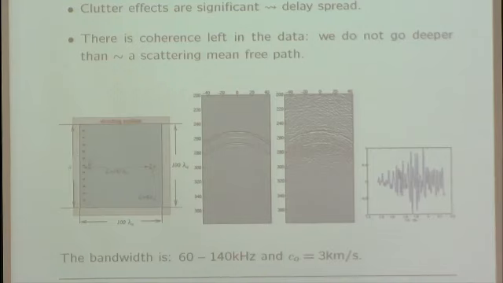Now, here is how the data looks when you have a scattering medium. This is a simulation run in a medium that looks like a concrete structure. That's how the data looks, and you see that it's very different from what you have here. There are distortions of the wavefronts here, and then there is a lot of stuff over here before anything from the scatterers comes, and then there is a lot of stuff after that.